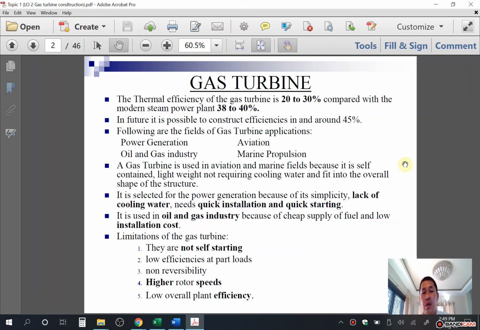To become more efficient, the gas turbine in the power plant will be combined with a steam turbine. It will add an additional 50% of efficiency if combined with the steam turbine.